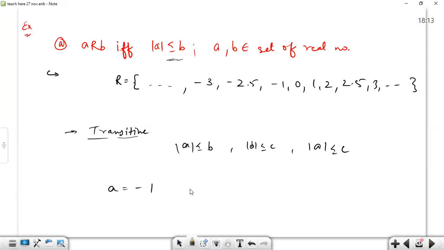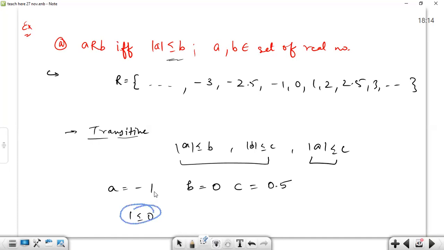Let's take A as -1, B as 0, C as 0.5. If all these three conditions are satisfied, then the relation is going to be transitive. If these two are satisfied, and further this particular condition is satisfied, then the given relation will be transitive. Looking at the first condition, modulus of -1 is less than 0. Is it true? No, sir, it's not. But it's our necessity to make these conditions satisfied by ourselves.